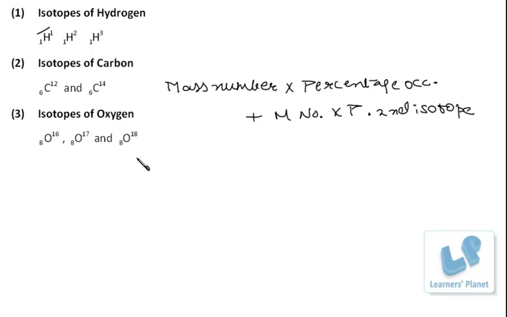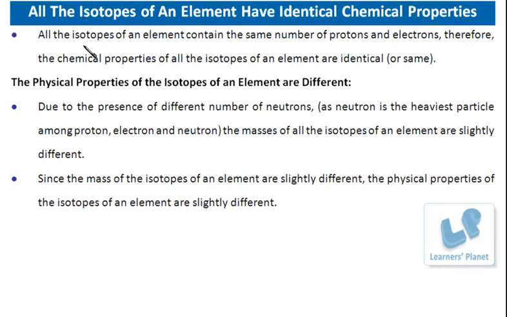Let's see the properties of isotopes. All the isotopes of an element have identical chemical properties. They have identical chemical properties because they have the same number of protons. That is, the number of protons in one isotope is equal to the number of protons in the second isotope. If the number of protons are same, the number of electrons will also be same.